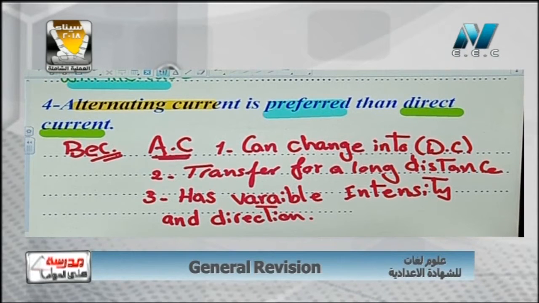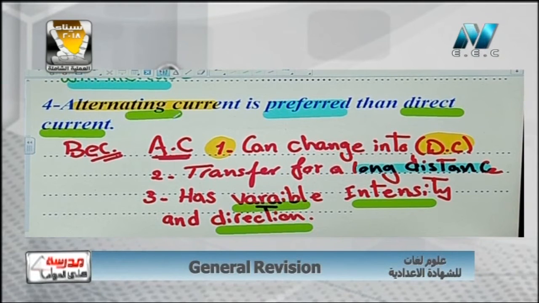So we answer number one, alternating current can be changed into direct current. Number two, transfer for long distances. Number three, has variable intensity and direction. يبقى عندي three options here to use alternating current than direct current.